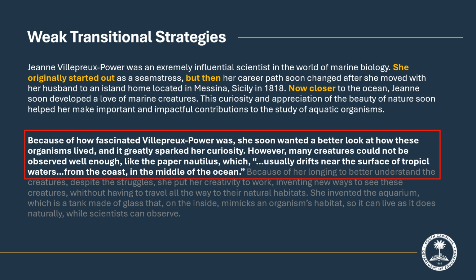As a reader, we can assume that what the writer is trying to say is that Power's curiosity led her to find a way to better view these organisms, but her task was made difficult because many of them were not easy to observe in the ocean because of where they lived and the size of the ocean.